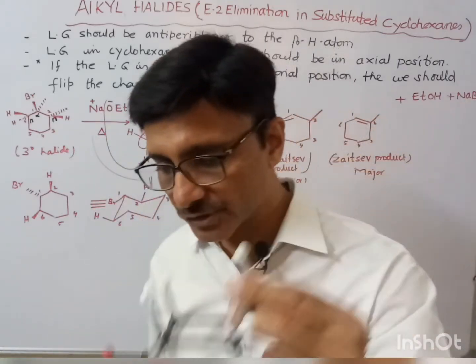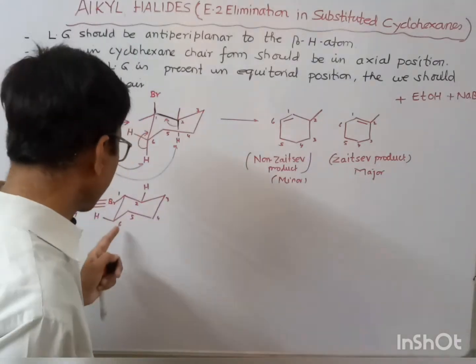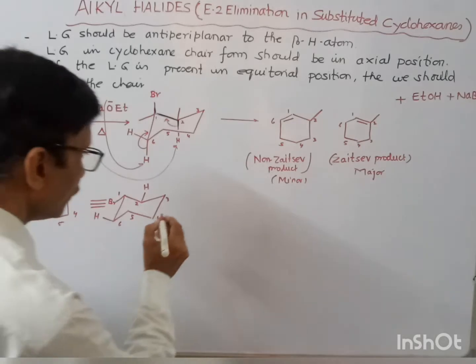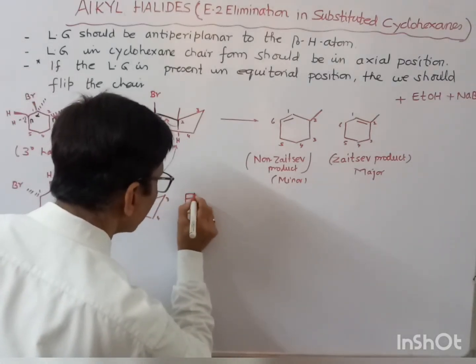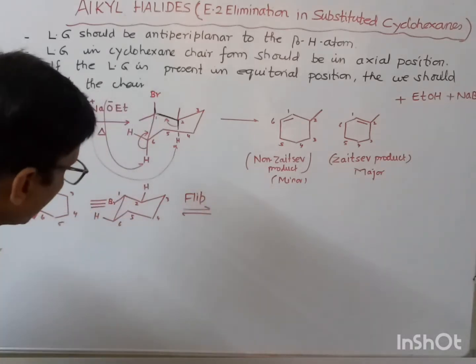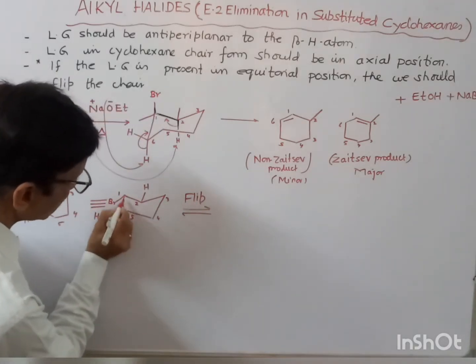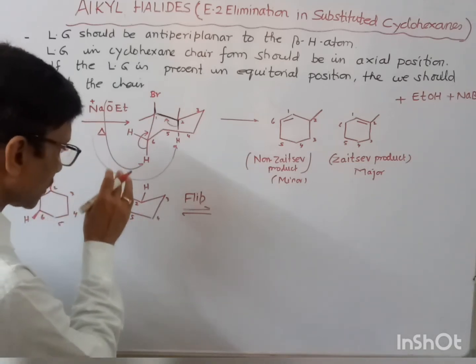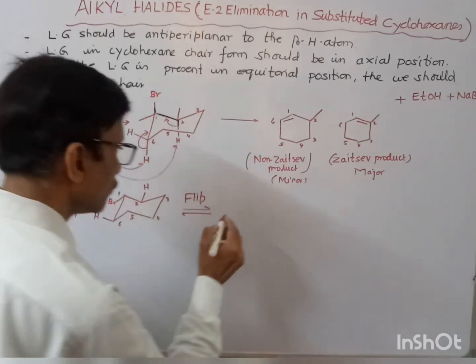So to write the product, we can flip the cyclohexane in its chair form. So we can write the flipped structure of this. What will happen? The carbon which is above will go down, and the carbon which is below will go up.